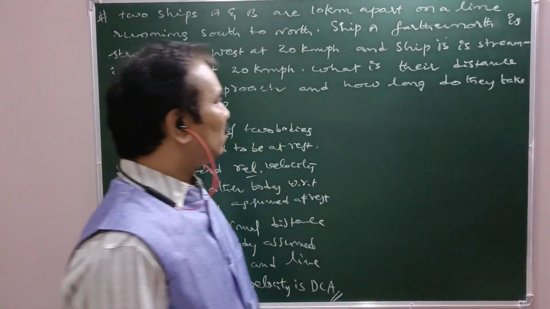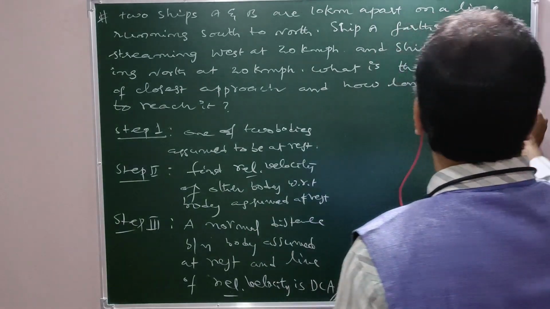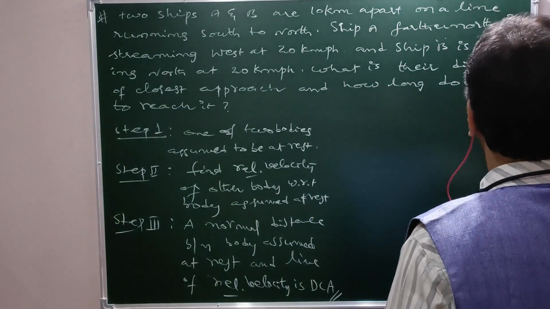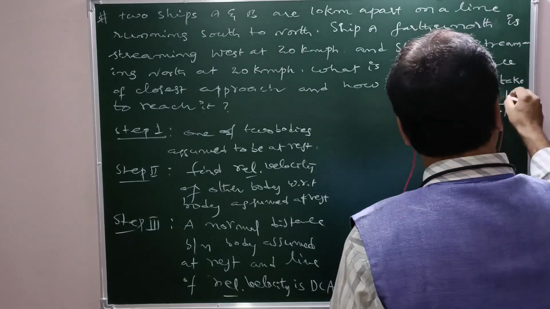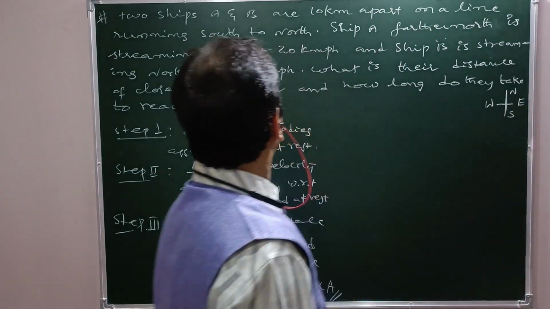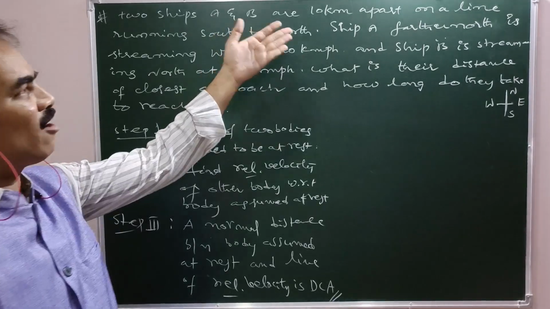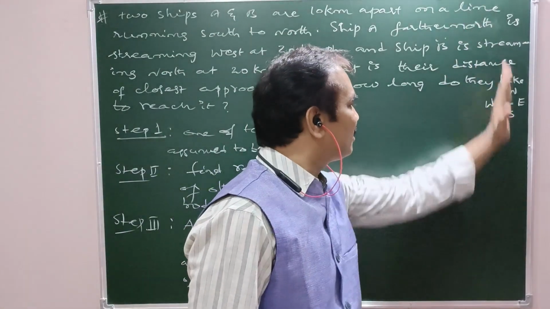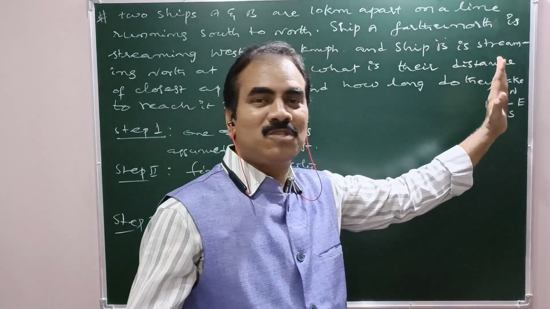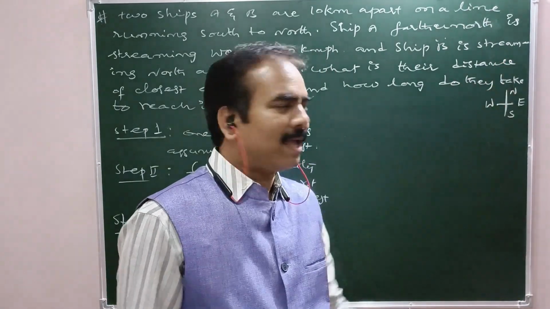Now see, two ships A and B are 10 km apart on a line running south to north. Right? Now see, these are the directions, general directions: north, south, east, west. Running south to north means this is the line. So on that line, two ships A and B are 10 km apart.